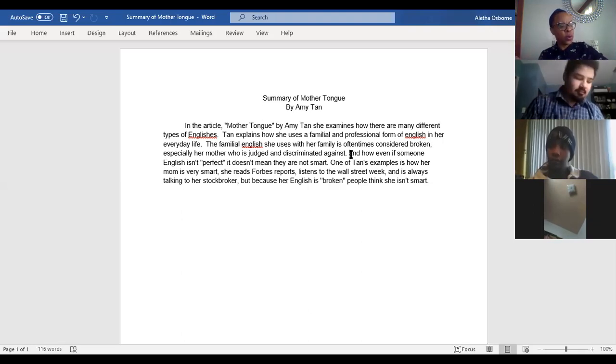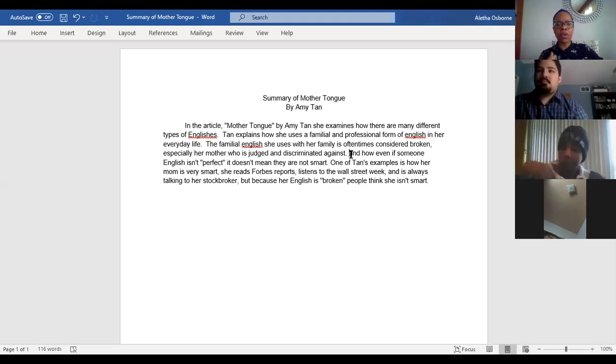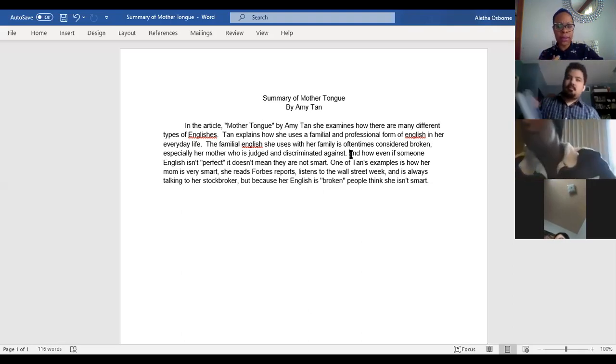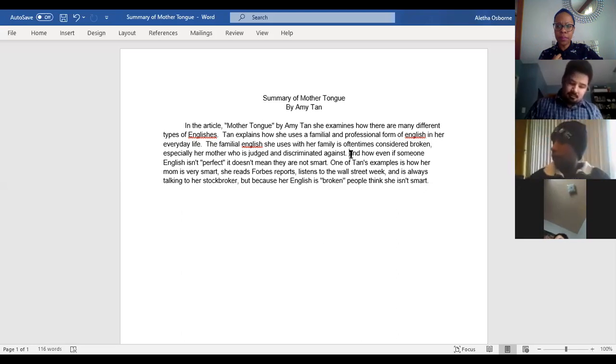Do you guys remember the broker? What was another key detail from the text that explains how her mother is judged or discriminated against? I need you guys' help in building this.